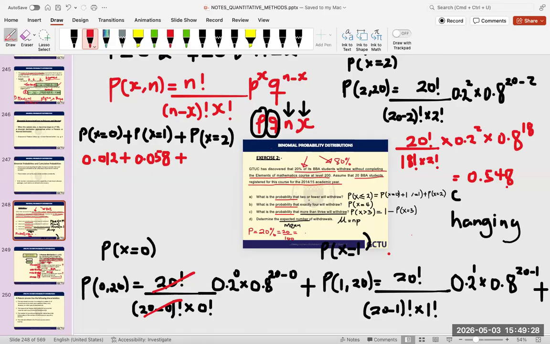Yeah, I'm getting 0.1368. Okay, so another person had 0.137. Okay, so let me confirm. Let me also do it, and we'll be sure of the answer.